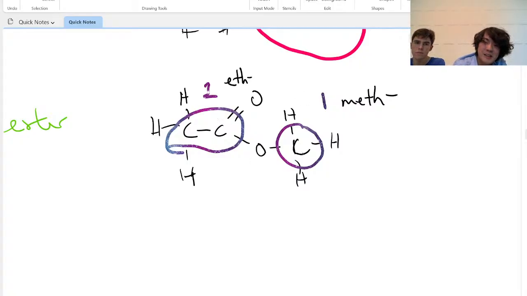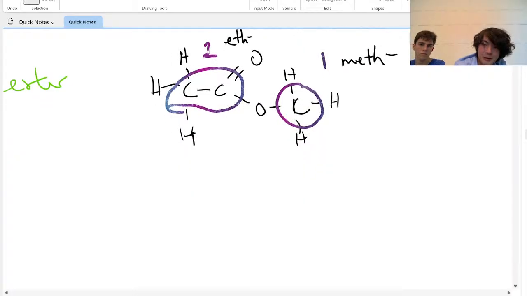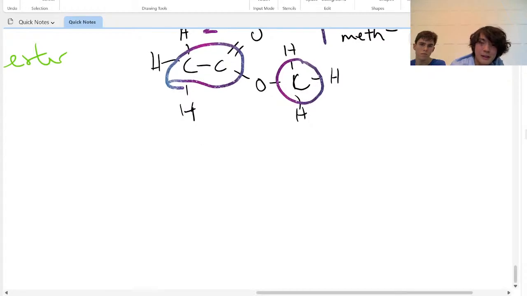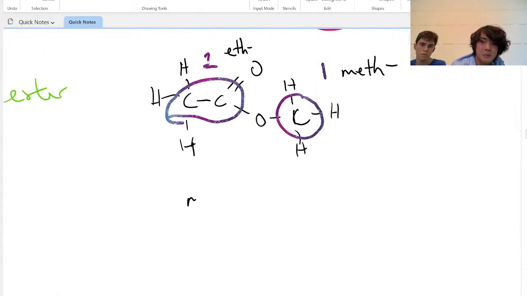You first take the one without the double bond O, and you add yl, so it becomes methyl. Then you look at the one with the double bond O, and you add oate, so that'll be ethanoate.